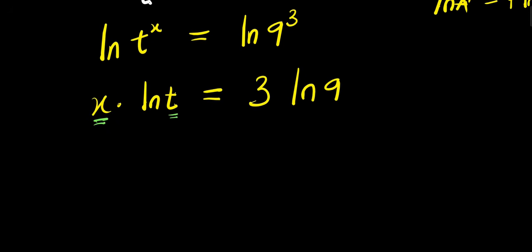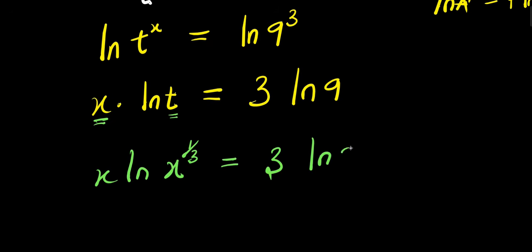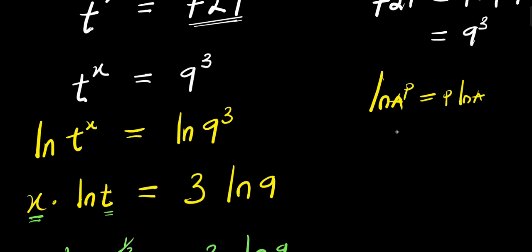So t equals x power 1 over 3. So you have x times natural log of x power 1 over 3, and this equals 3 times natural log of 9. Now, remember again, if you have natural log of a power p equals p times natural log of a.